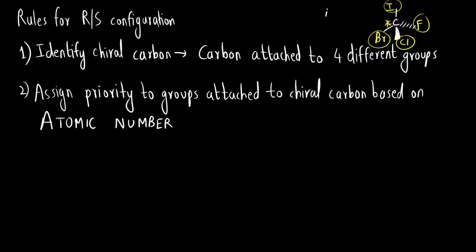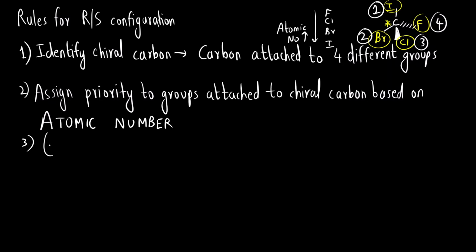All these elements are of group 17: fluorine, chlorine, bromine, iodine, and as we go down the group, atomic number will increase. So which will get the highest priority? Iodine. Then bromine will get second, chlorine will get third, fluorine will get fourth priority. So this was the second rule.